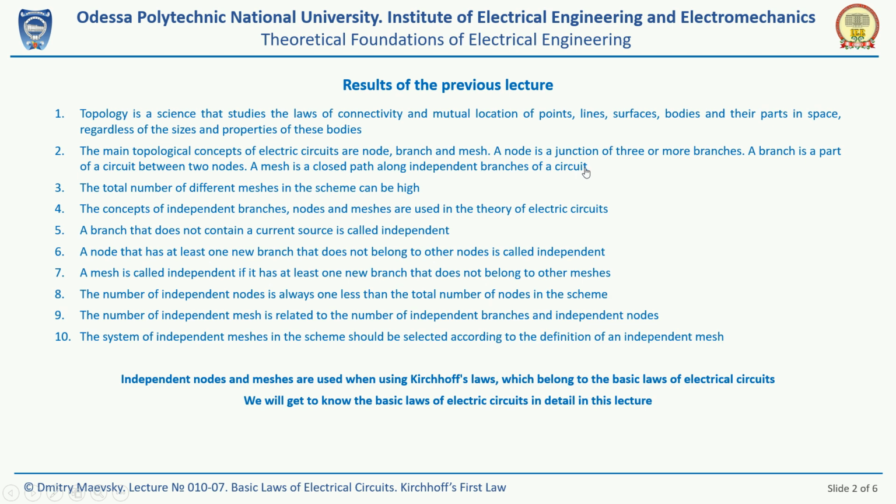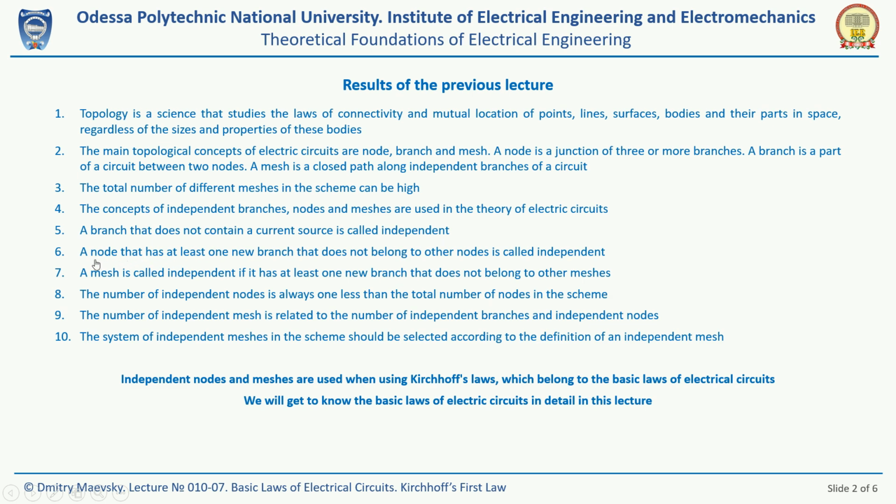Most often, when analyzing electric circuits, we will deal with independent branches, nodes, and meshes. We will call a branch that does not contain a current source an independent one.